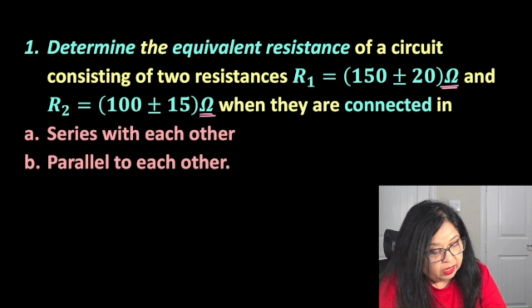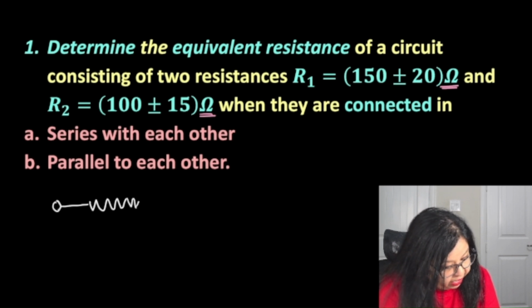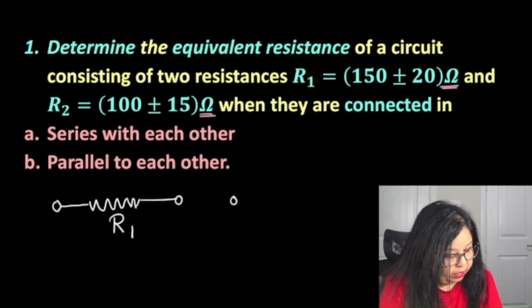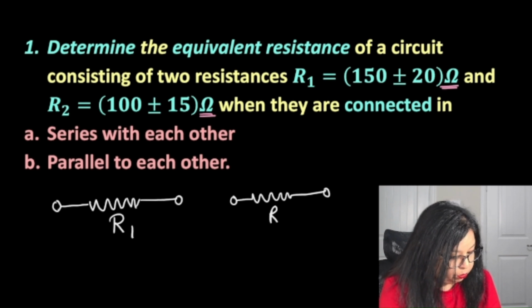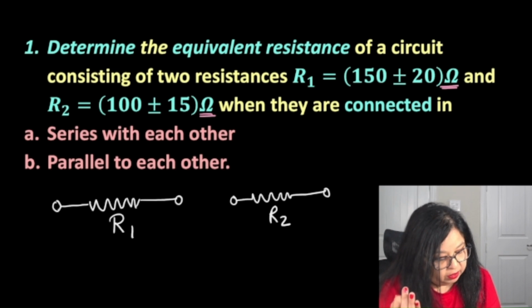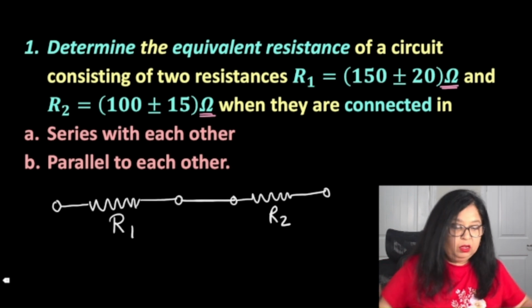Now resistance in an electrical circuit is represented as a zigzag line. This is a resistance. Let's call this R1. And here's our R2. The first problem, problem A, says these are connected in series. So they are connected like this, like they're holding hands in series.